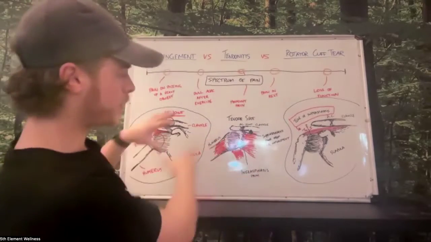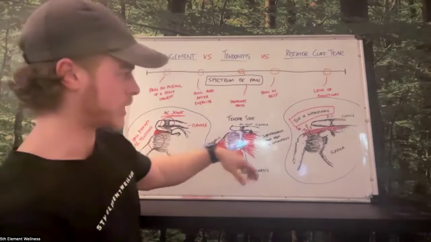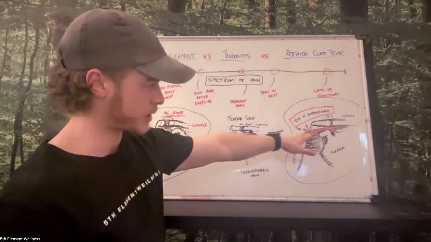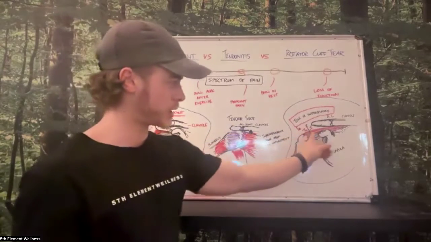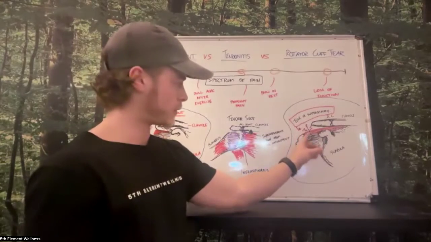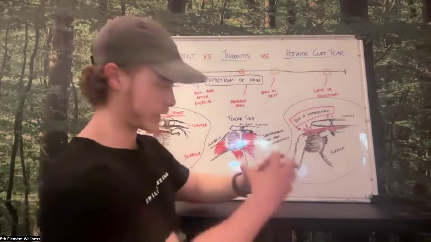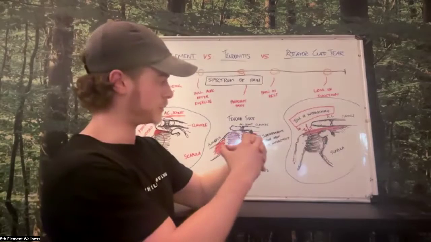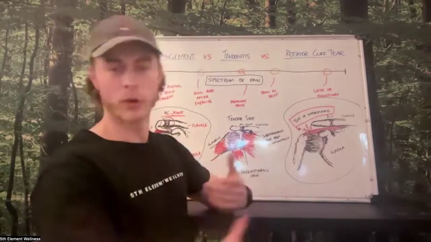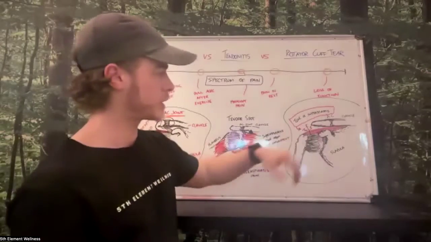So again, keeping with the examples that we've used already, say we tear our supraspinatus right here, just below the AC joint. So this is our supraspinatus here, the red part that's attaching to the top of our humerus up here. The rest of the rotator cuffs are down, encapsulating the ball and socket joint. The supraspinatus up here has been pushed and pushed and pushed to the point that now it's got a little tear in it.